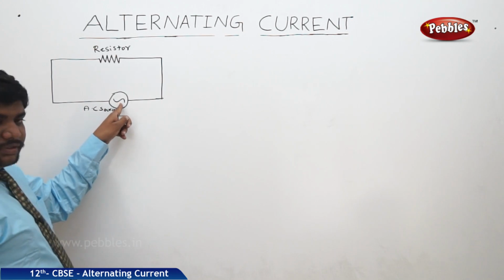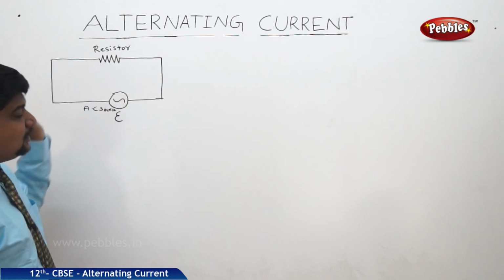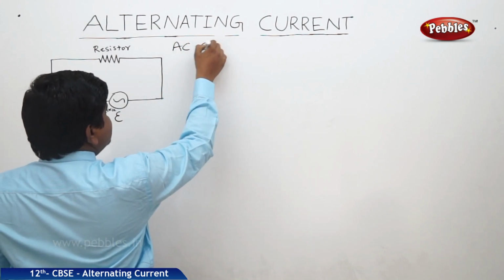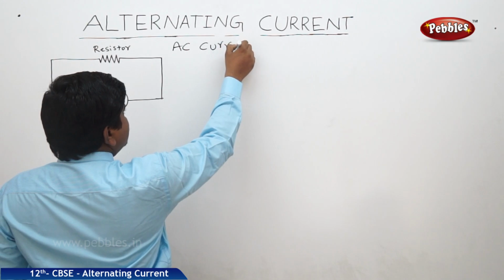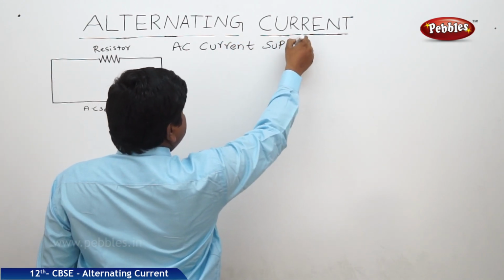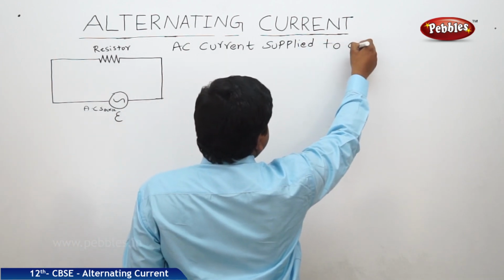This AC source of variable frequency, this is the symbol of the variable frequency, is connected to a resistor. So AC current is supplied to a resistor.